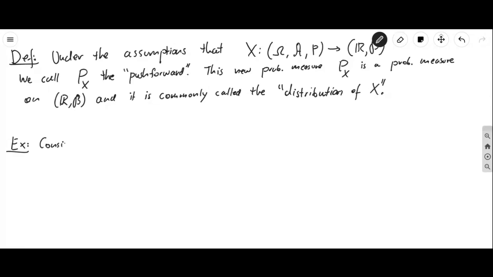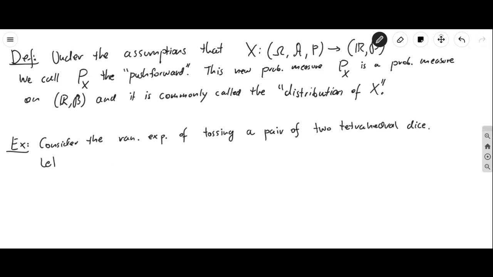Consider the random experiment of tossing a pair of two tetrahedral dice, and let x be the sum of their values. So this would be an example of a random variable.